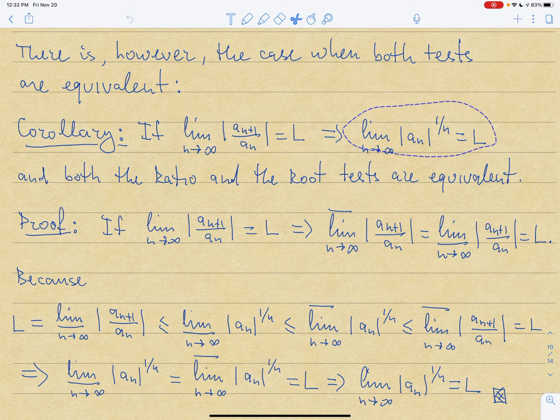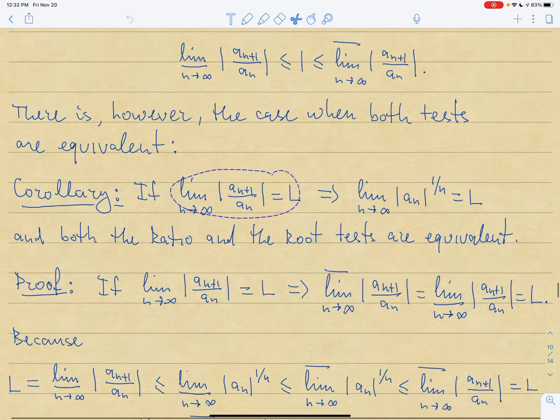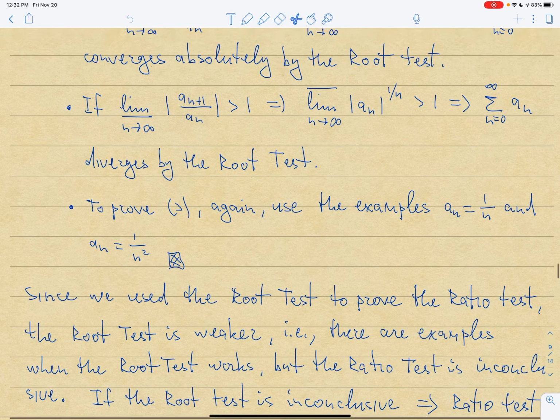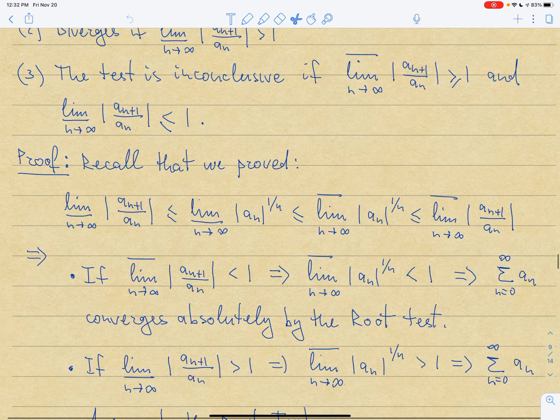Now, it's really easy to see that this statement follows from that statement. And again, we refer to the same set of inequalities. If the limit of a_{n+1} over a_n exists, then we know that lim sup of your sequence is the same thing as lim inf of your sequence.